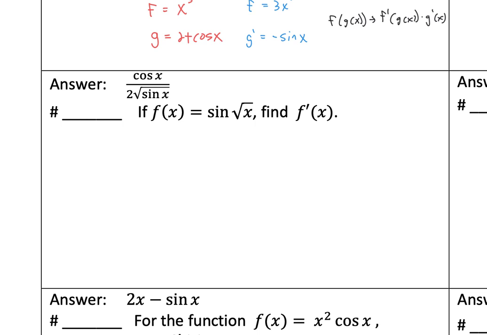Okay, next one. No matter what you're doing, whether product, quotient, or chain rule, you always have to change roots to fractional exponents.